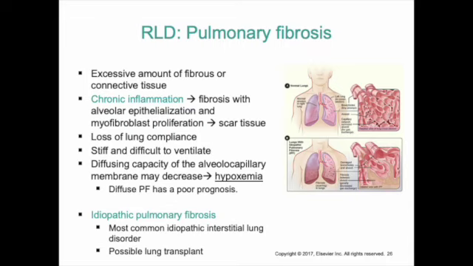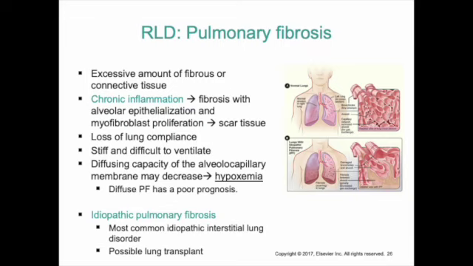There might be someone that has also had inhalation of some type of harmful substances, maybe in their occupation: coal, dust, asbestos. Now, this chronic inflammation can lead to fibrosis with alveolar epithelialization and myofibroblast proliferation. We are going to see a decrease in lung compliance.